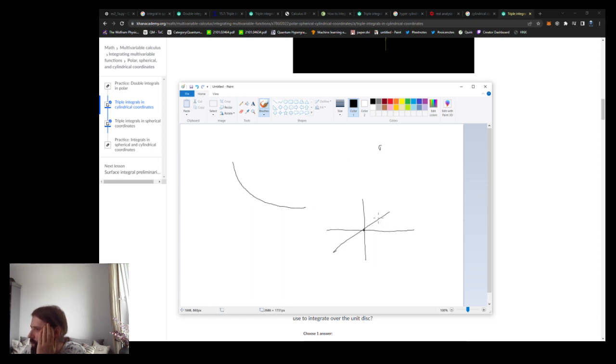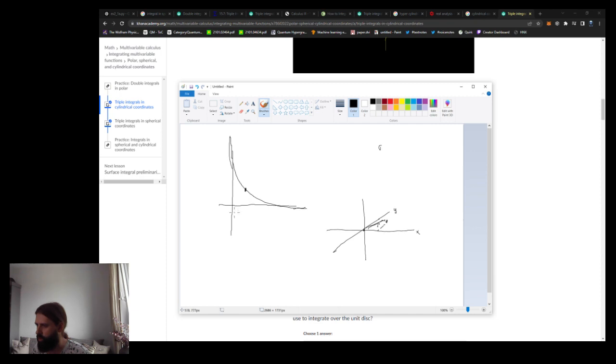So let's imagine this is Y and this is X, and any point here has these coordinates, but then this is the radius, right? That's how this grows.